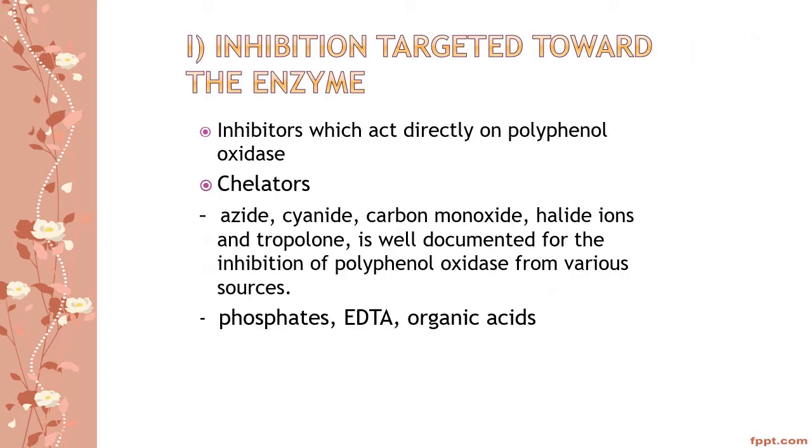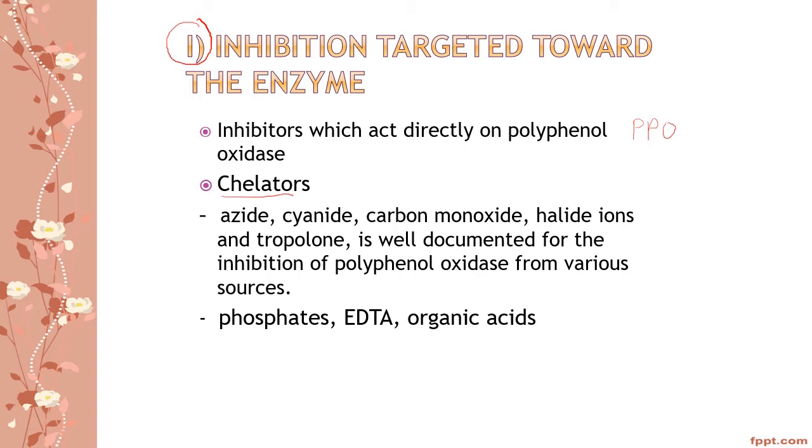So the first alternative is inhibition targeted towards the enzyme. We can use inhibitors which act directly on the polyphenol oxidase, the PPO. So we can use chelators like azide, cyanide, carbon monoxide, halide ion, and tropolone.